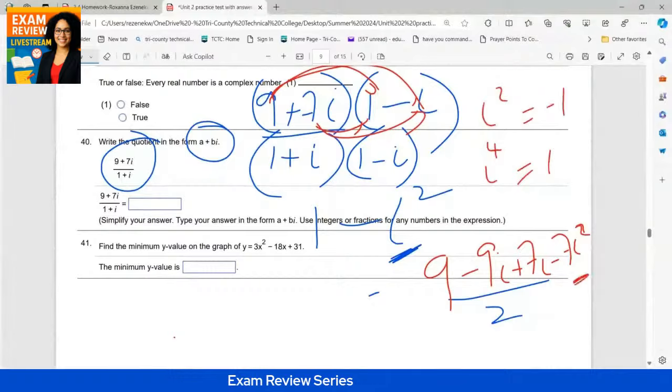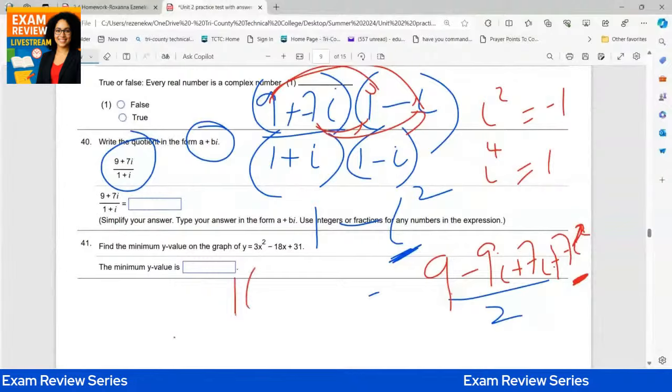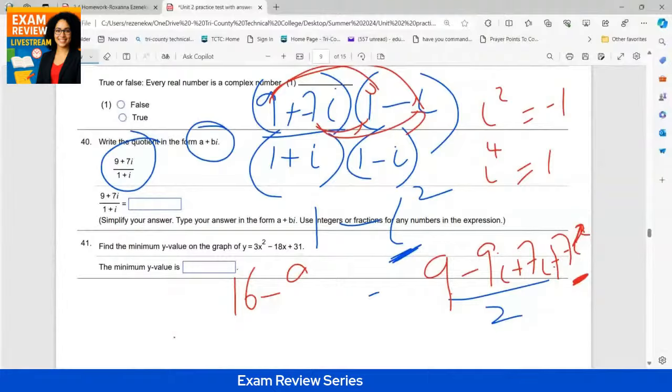So this point here becomes negative, negative is positive. So I'm going to change this to positive. I can take this away. 9 plus 7 is 16. So I have 16 minus 7i plus negative 9i is negative 2i.